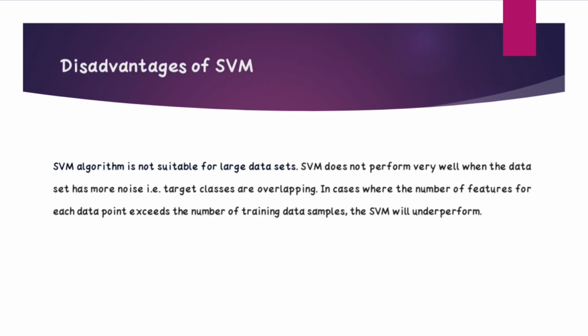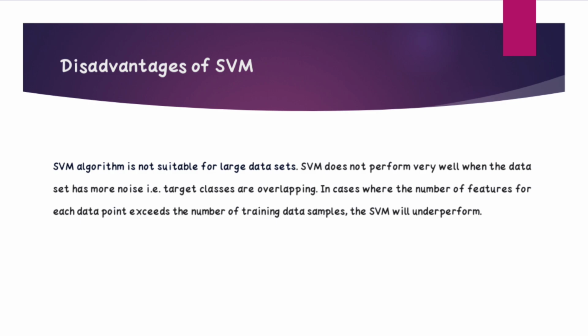And the disadvantages of SVM. The SVM algorithm is not suitable for large datasets because it cannot handle that much data. SVM does not perform very well when the dataset has more noise, that is, when the target classes are overlapping.